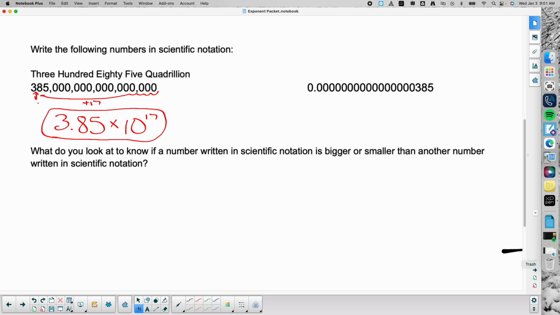The other one works similarly, except this is obviously an extremely small number. I'm just going to tell you right now, there's no way my eyes are going to be able to read how many spots that moves, so I'm going to be counting on you guys. I'm going to write it as 3.85 again.